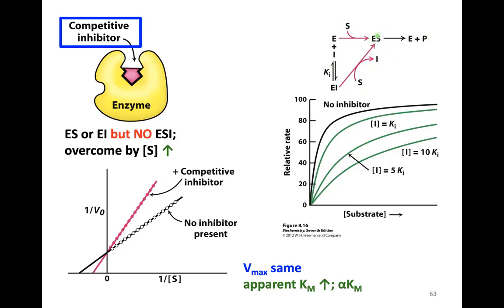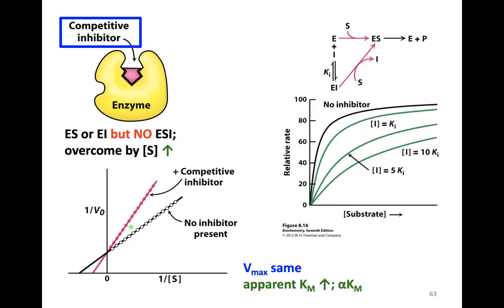So we can either have enzyme-substrate complex or enzyme-inhibitor complex, but in contrast to what we'll see with the other inhibitors' mechanisms, we do not have a ternary complex of enzyme, substrate, and inhibitor. We either have this binary EI or binary ES complex. And we can, of course, overcome it by swamping out the system with excess substrate.